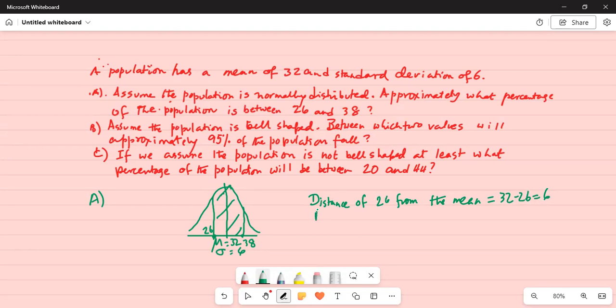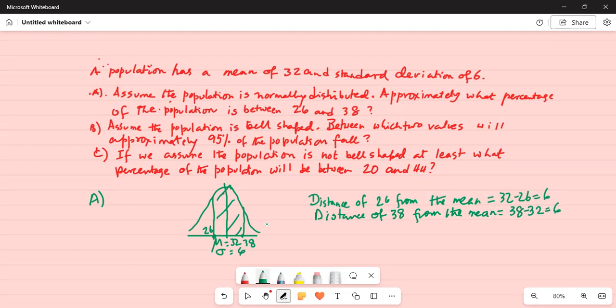And the distance of 38 from the mean is also 38 minus 32, which is 6.